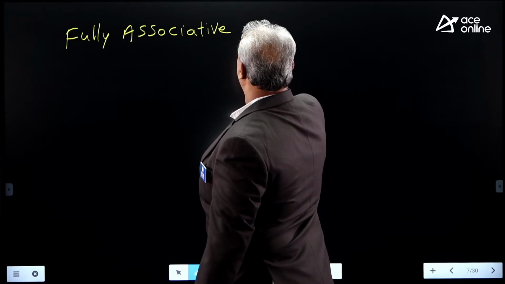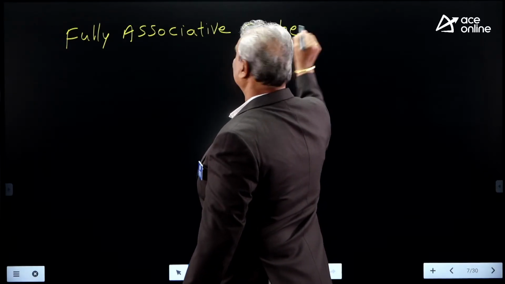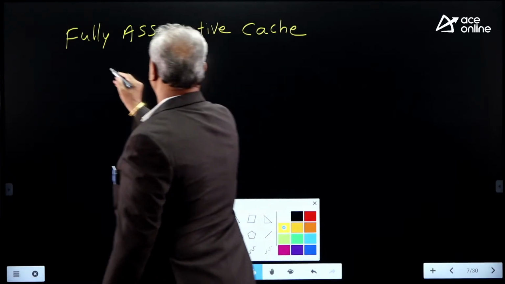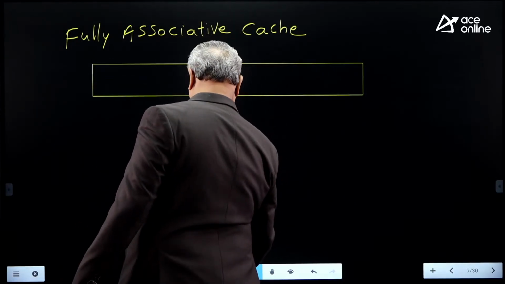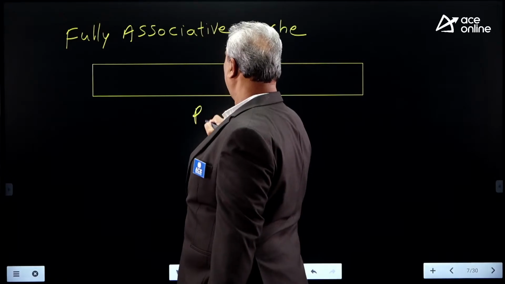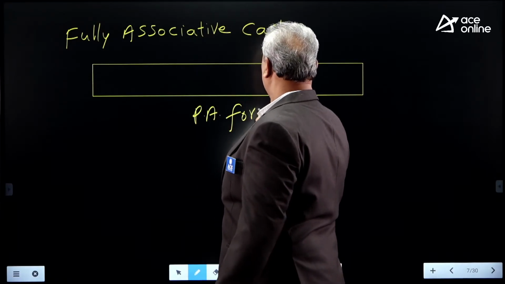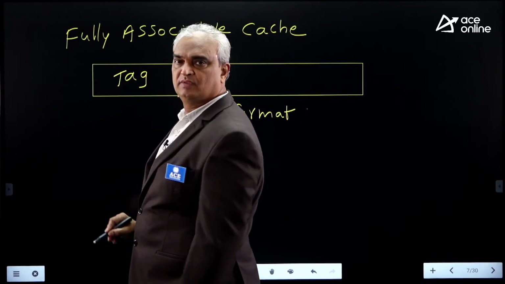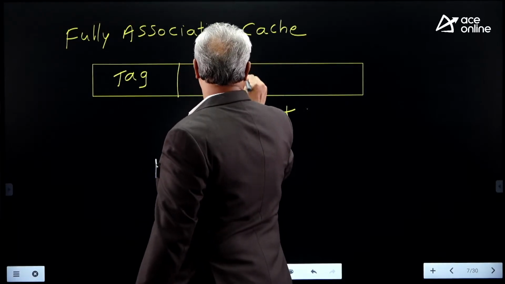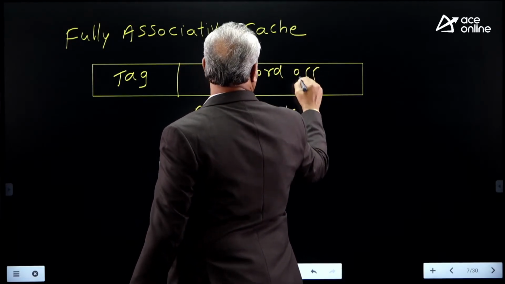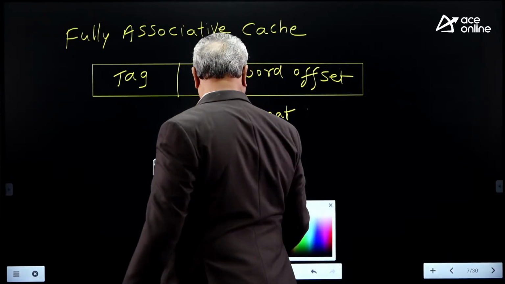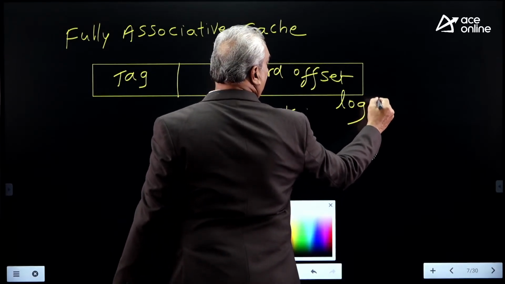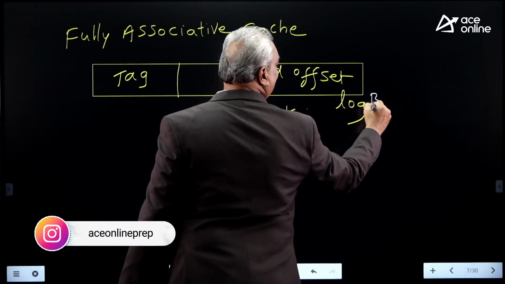Now, the fully associative mapped cache. What about the physical address format? It is very, very important. In the physical address format, there are only the tag field and the word offset. What is the expression for finding the word offset? Log BW.